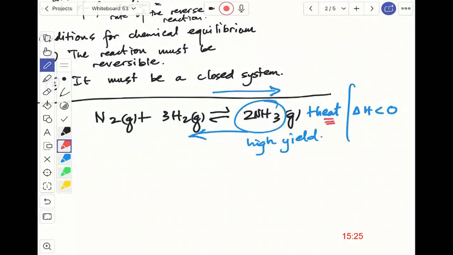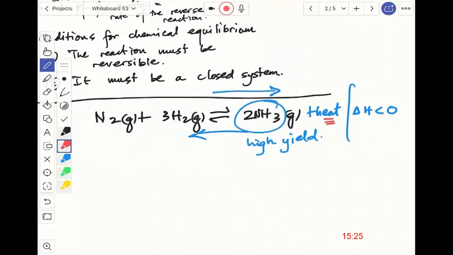The problem that I have with that is that if I look at our theory about rates of reactions, we notice that temperature is one of the main factors that affects the rate of a chemical reaction. At a high temperature, I would have a high rate of reaction.